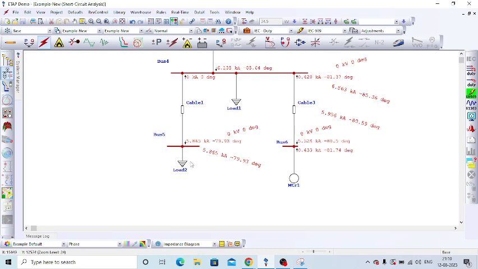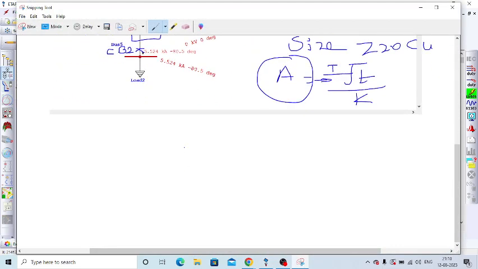Let's assume the circuit breaker used in this location is 5 kilo ampere. The present short circuit current is 5.865 kilo ampere. So the circuit breaker rating is 5 kilo ampere, while the available fault current is 5.86.